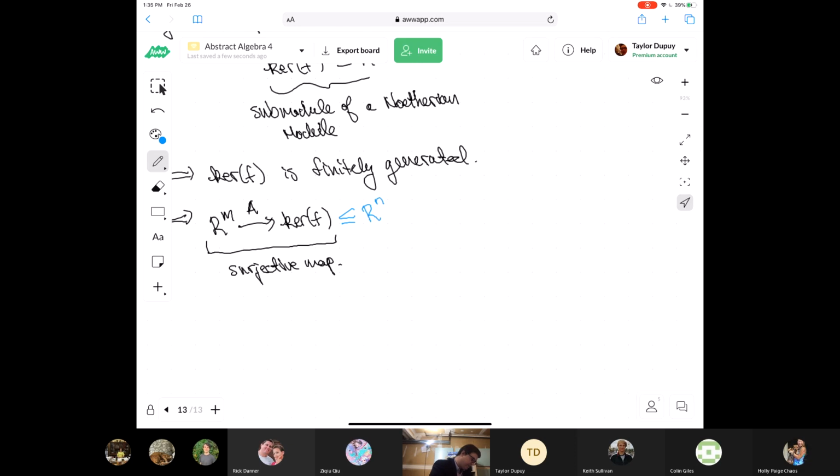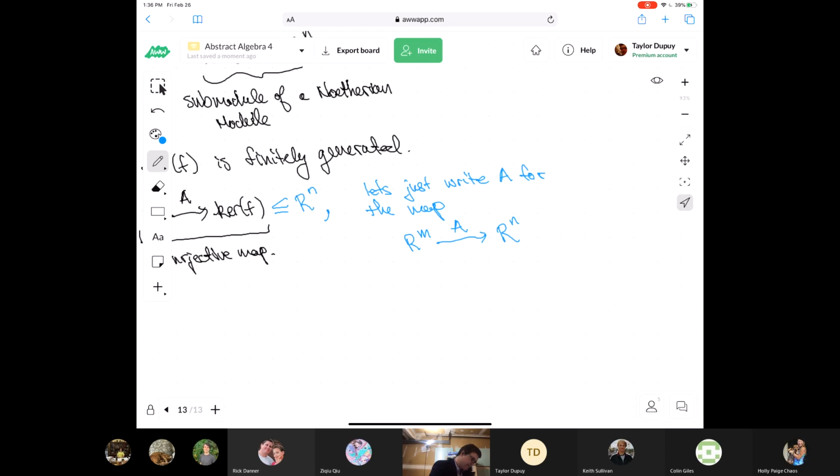So abusively, let's write A for the map here from R to the M to R to the N. Okay, the image of this map is the kernel.